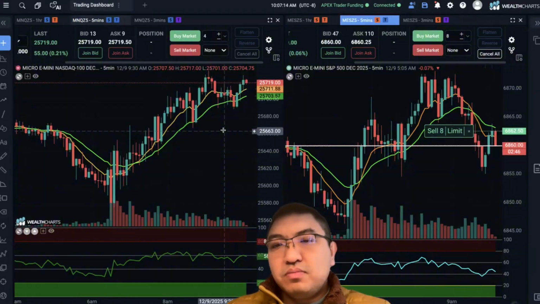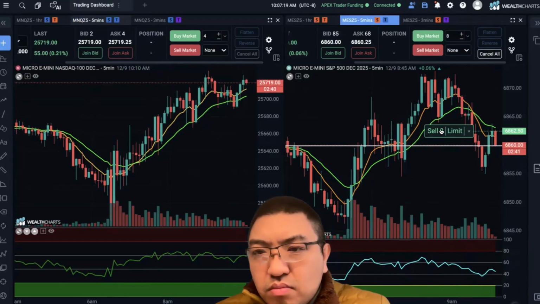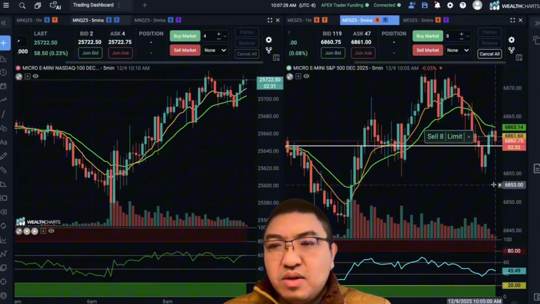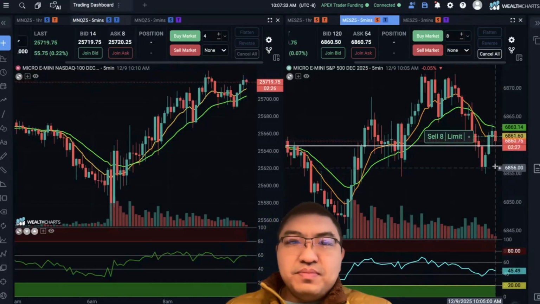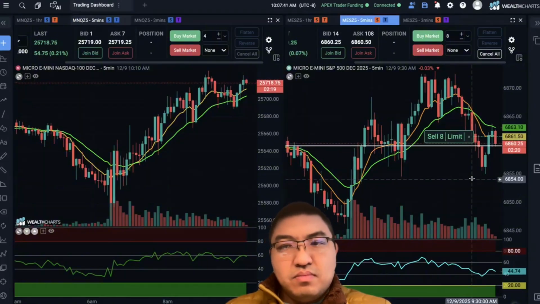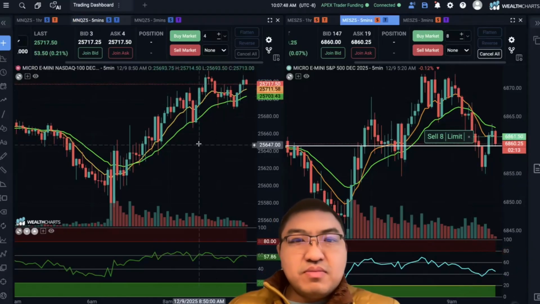Oops. So it breaks this line, so I can maybe step in here, wait for it to retest to here and pick me up. Now NQ is not willing to go down, it seems.